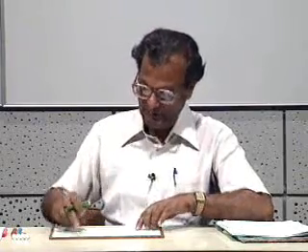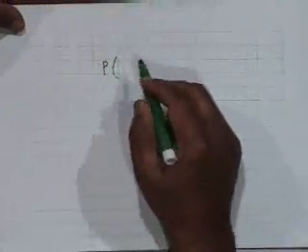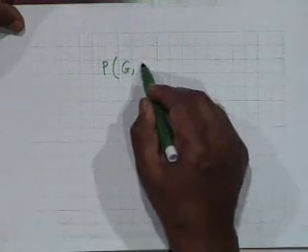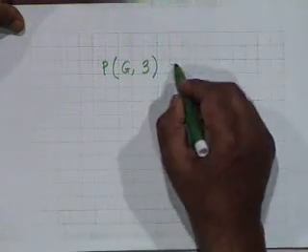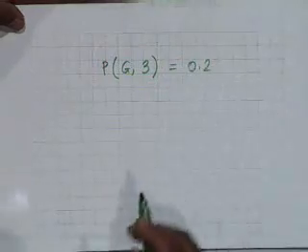The probability of picking up a green ball is 0.3, but the probability of picking up a green ball which has a weight of 3 grams? How many are there? 20 out of 100, and therefore the probability of picking up a green ball having a weight of 3 grams is 0.2.